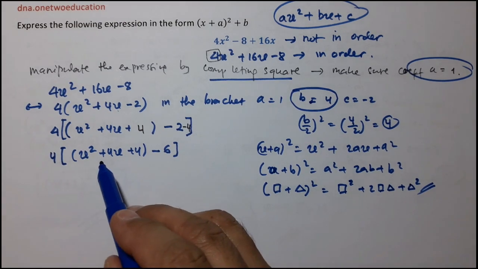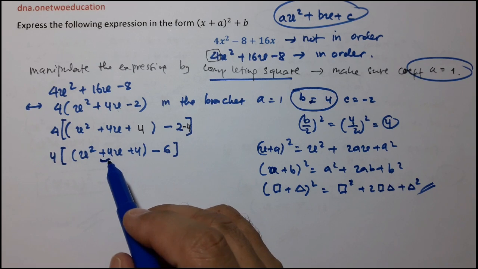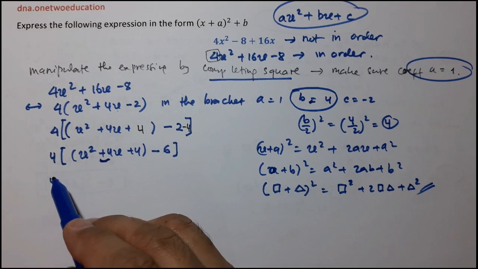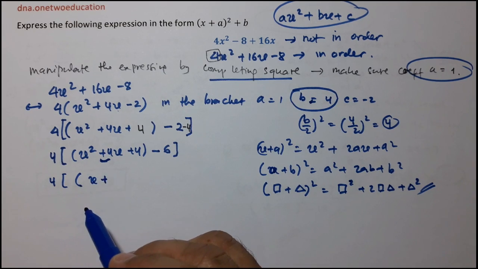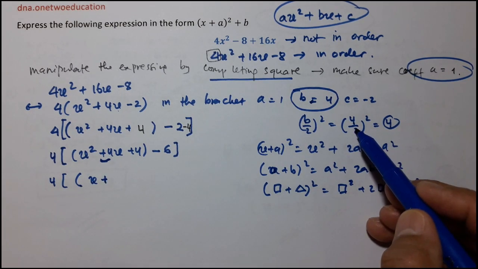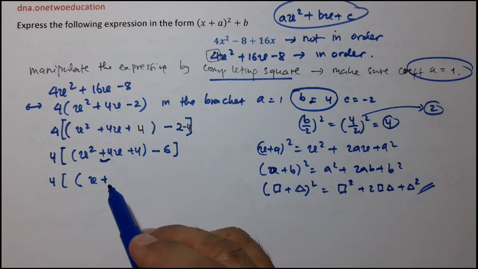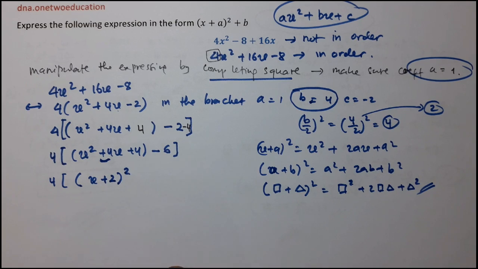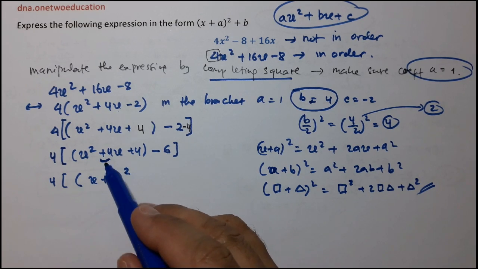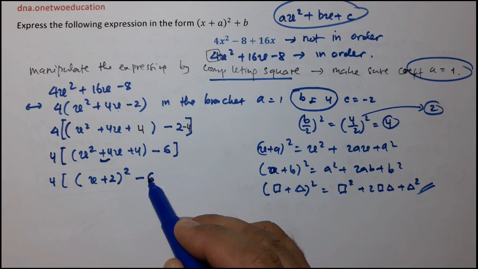Now we find here that positive 4 is the coefficient of b. So 4, open the bracket, x, how many? b over 2, 4 over 2 is 2. So you have to modify here (x + 2)², and the sign is positive because b is positive. And then negative 6 left.